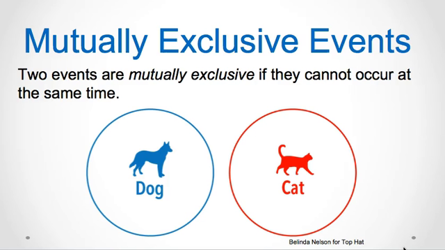Two events are mutually exclusive if they cannot occur at the same time. Another name for mutually exclusive events is disjoint events. Examples of mutually exclusive events include a coin toss, either heads or tails, whether a participant is married, single, divorced, or widowed, whether a participant in a controlled experiment is given a placebo or medication.